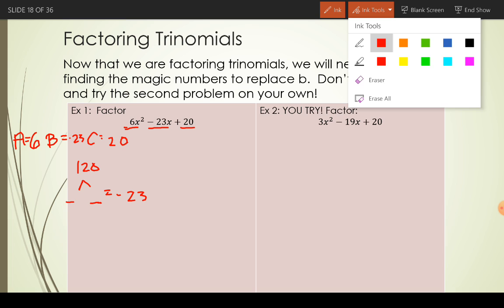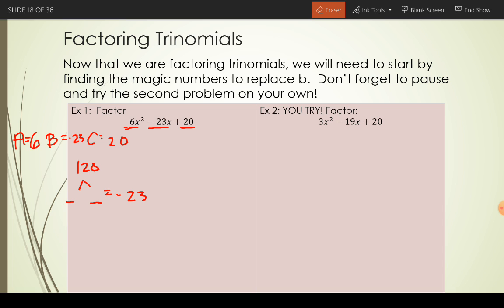Okay, so let's start by just creating a factor tree. So I know that 1 times 120 is 120, but that doesn't add to negative 23. Okay, 2 times 60 is 120, but when I add 2 plus 60, I get 62, not negative 23.